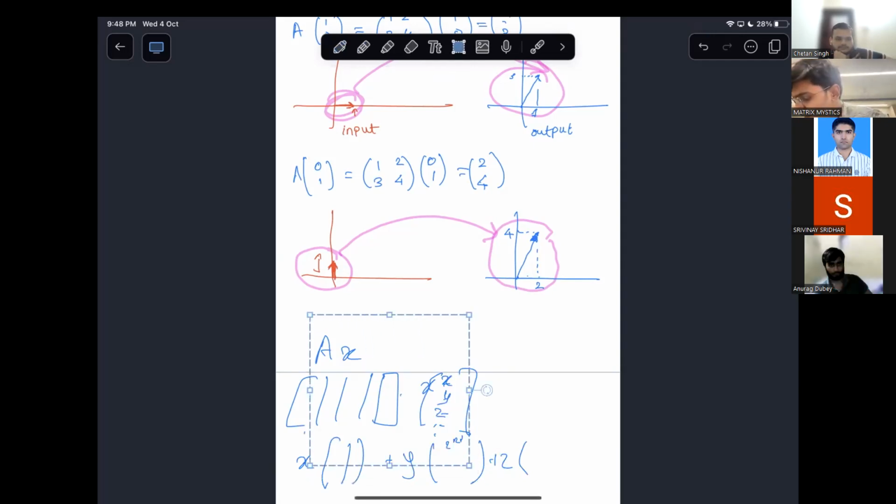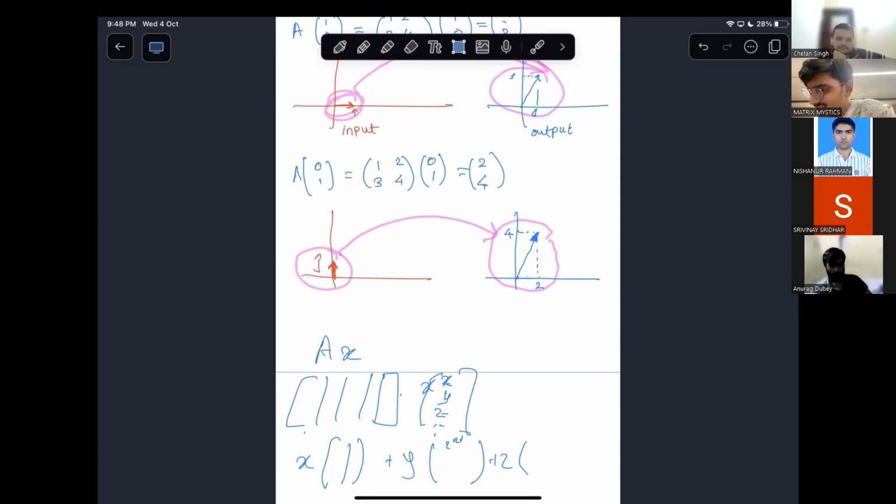The best part is if you make X, Y, Z the unit vector, which is (1, 0), it is equal to the matrix's first column. That's the best part about picking each column when we take the unit vectors for each dimension.